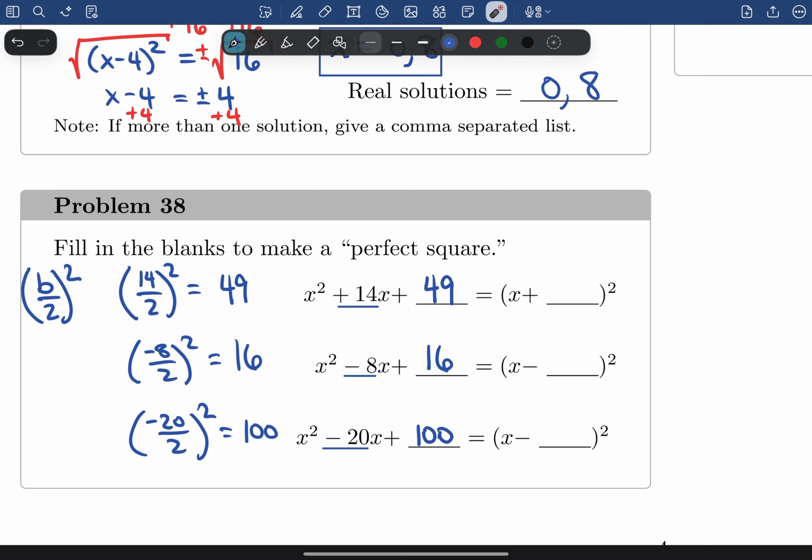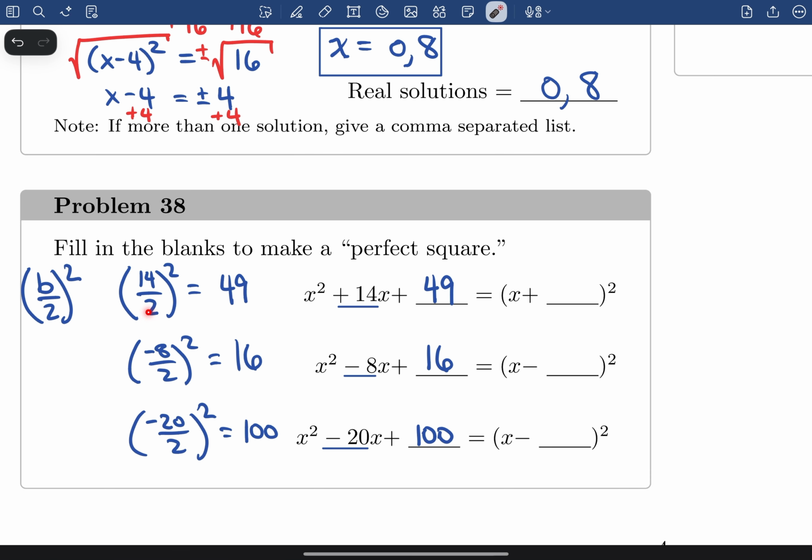Now, when you factor the perfect square trinomials, we get a binomial squared, a binomial multiplied by itself. And in this case, the answers that go here, here, and here are just b divided by 2. Whatever b divided by 2 is, you can write that here.